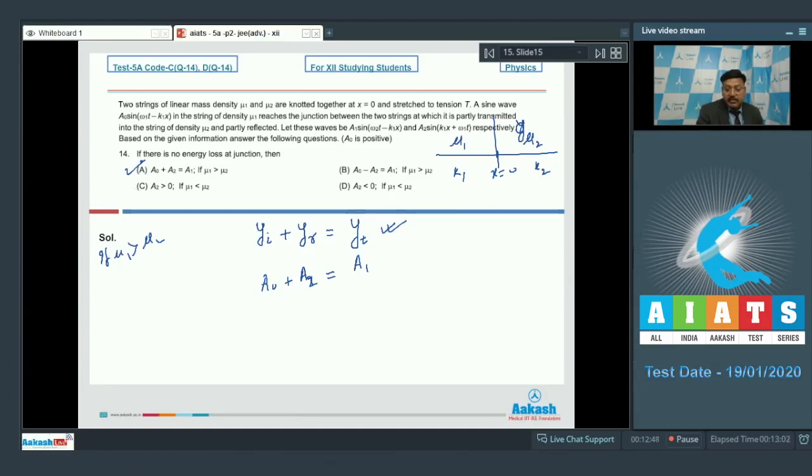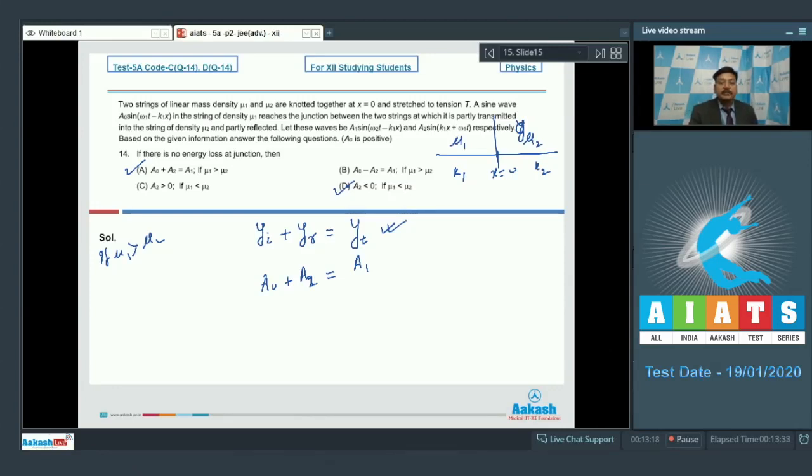Well, if mu1 is less than mu2, then that means due to reflection there is a phase change. This is inversion of pulse due to the reflection, and if that is the case, then A2 will be negative. So that means D is also correct, C will be then incorrect. So that means for question 14, A and D are the correct options.